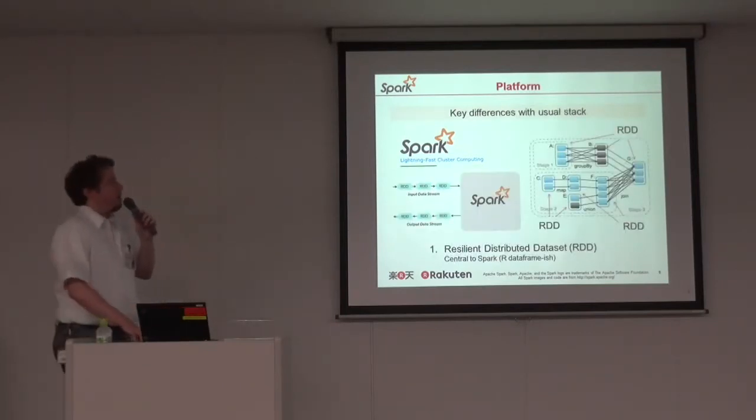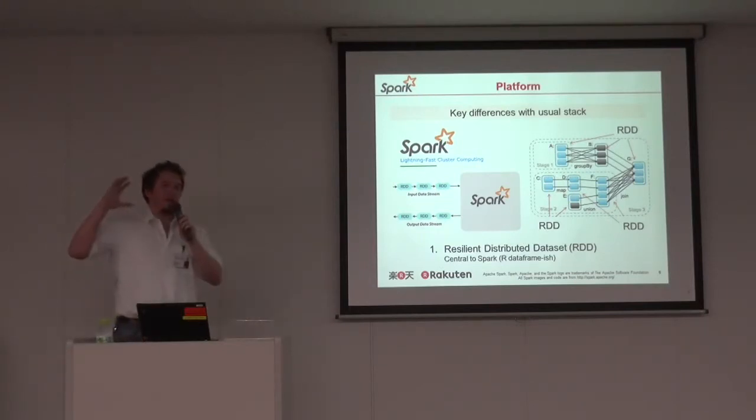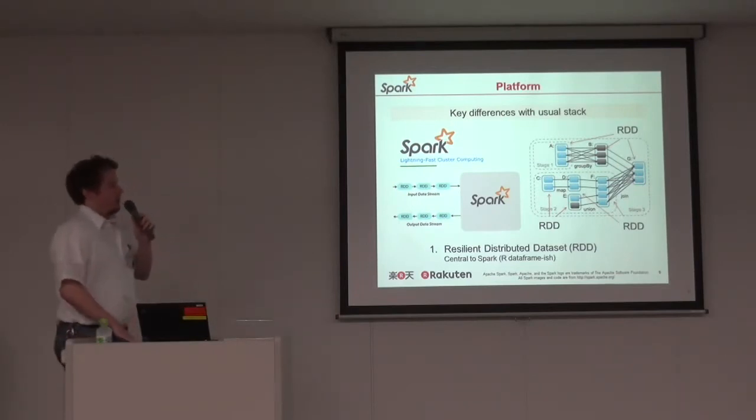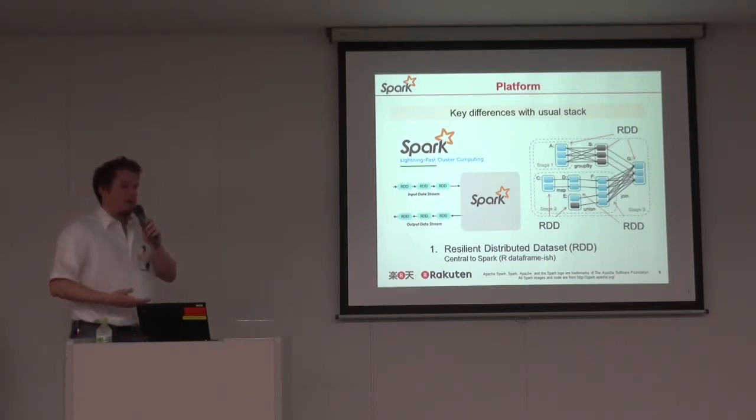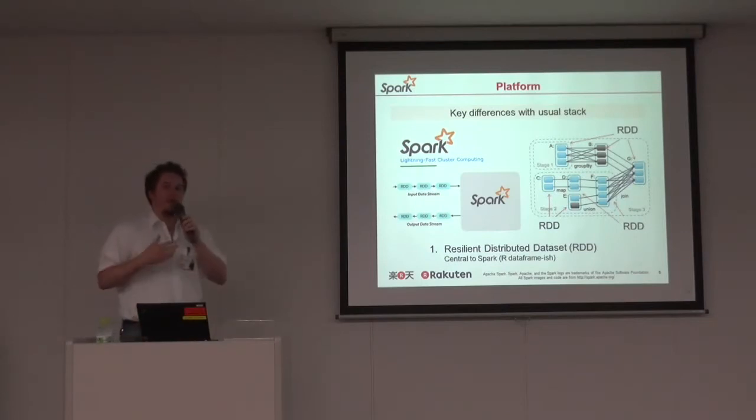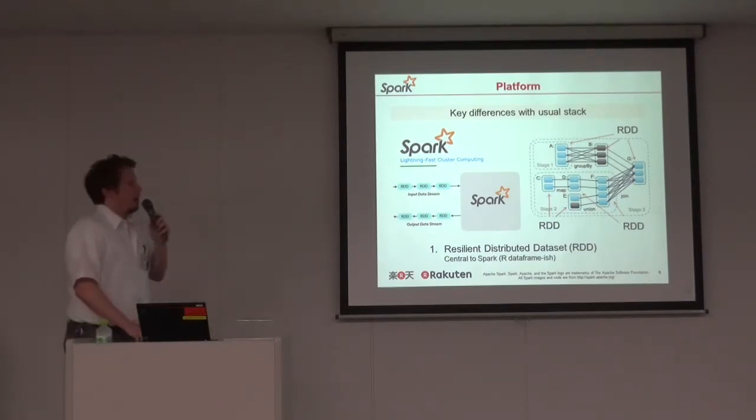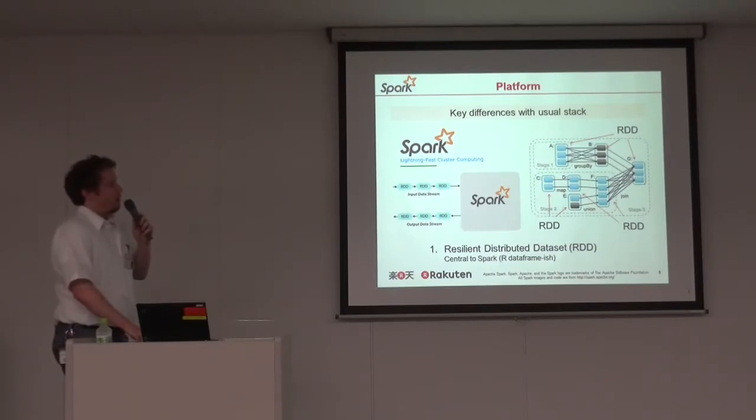However, there are some key differences with the usual stack, mainly Hadoop. The first one is the RDD, the Resilient Distributed Data Set. Everything in Spark revolves around that idea of the Resilient Distributed Data Set, which is higher level than what you're used to if you ever worked with a Hadoop framework, where you are making your operations in MapReduce and so forth. You can think of the RDD as our data frame.